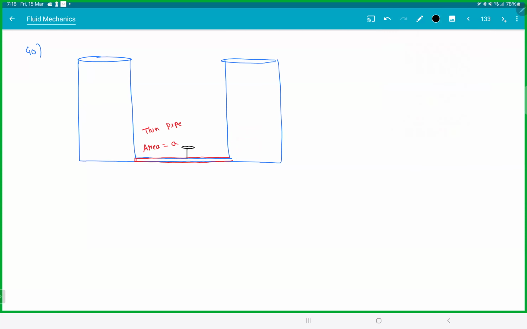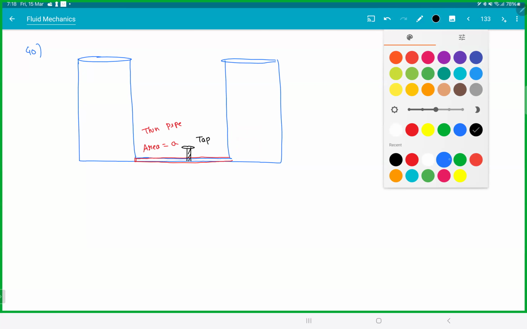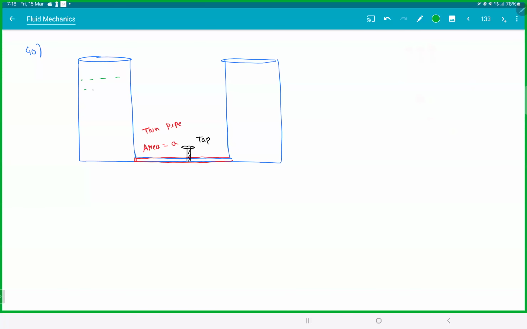In the middle there is a tap. On this side the height of the liquid is 2h. On this side the height of the liquid is h. Now if I open that up, what will happen? Liquid will flow from left to right. Getting it?